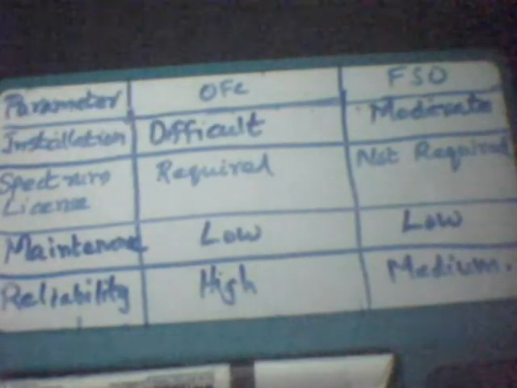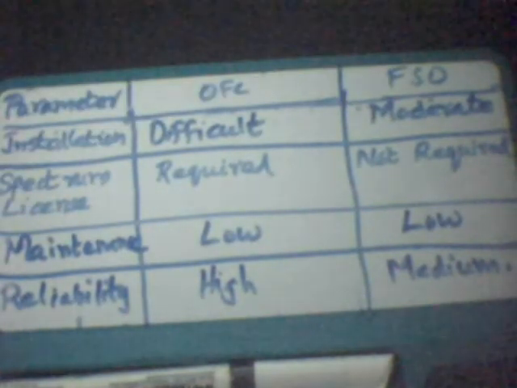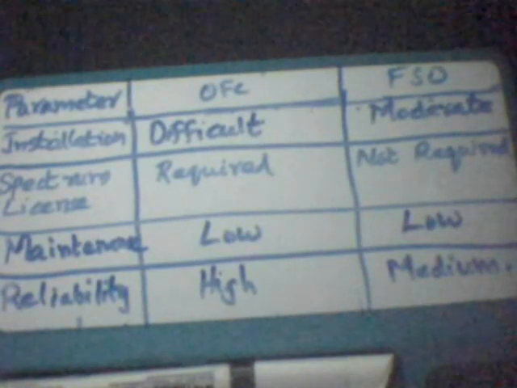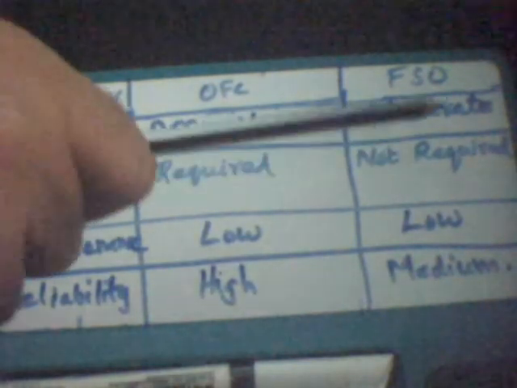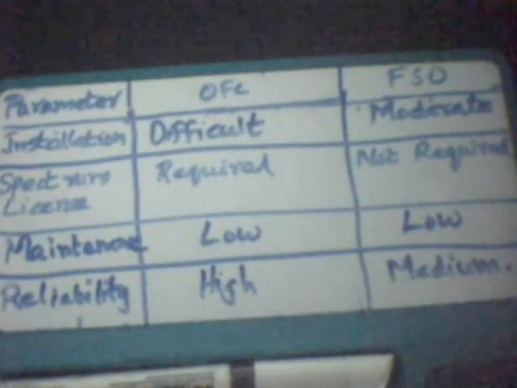Installation will be difficult for optical fiber communication since it involves digging and laying of cables, and for free space optical communication there is no requirement for digging and laying of cables, so the installation difficulty will be moderate. A spectrum license is required for optical fiber communications, whereas for free space optics it is not required.